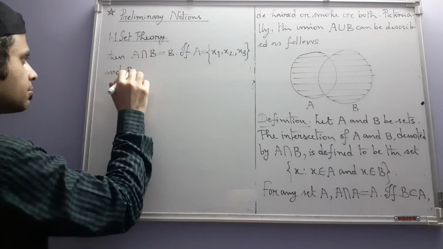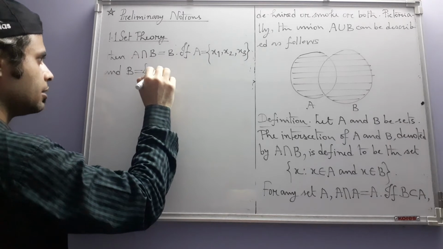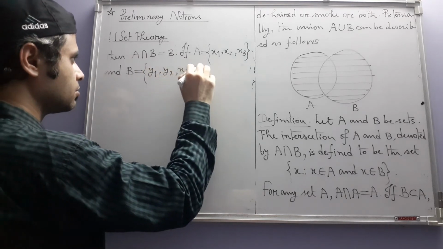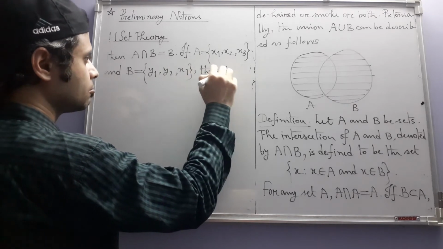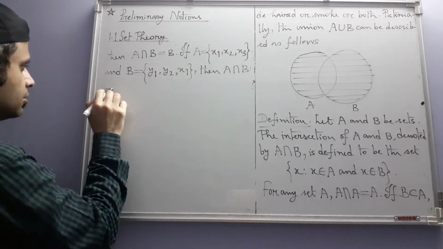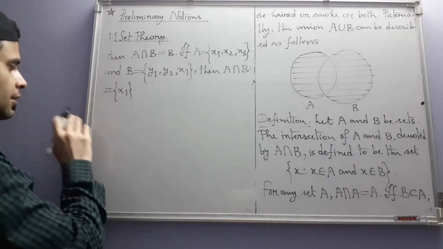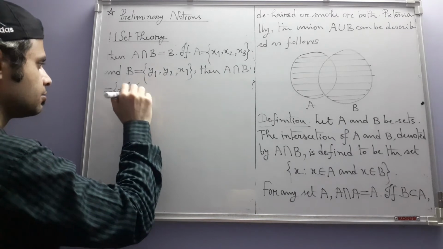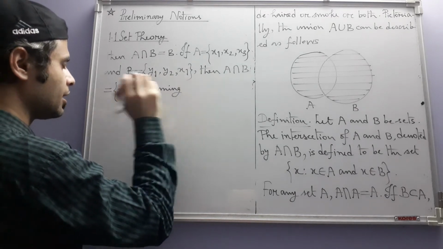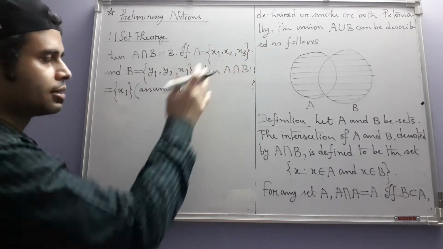And B equals y1, y2, x1, then their intersection equals this set consisting of the single element, assuming that these are all distinct, okay, no y is equal to x.